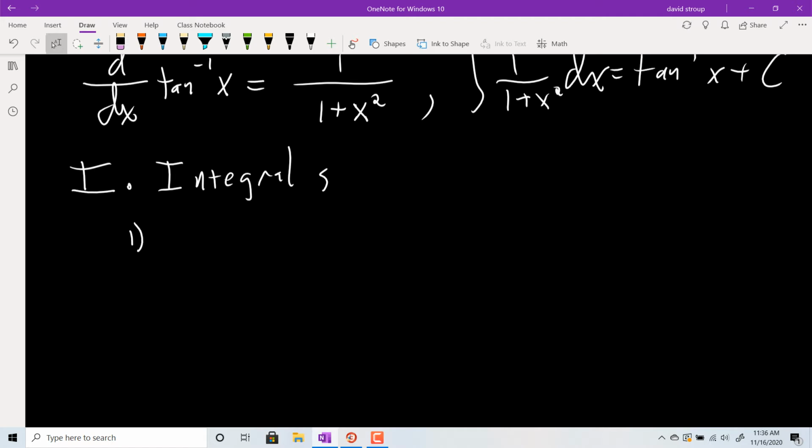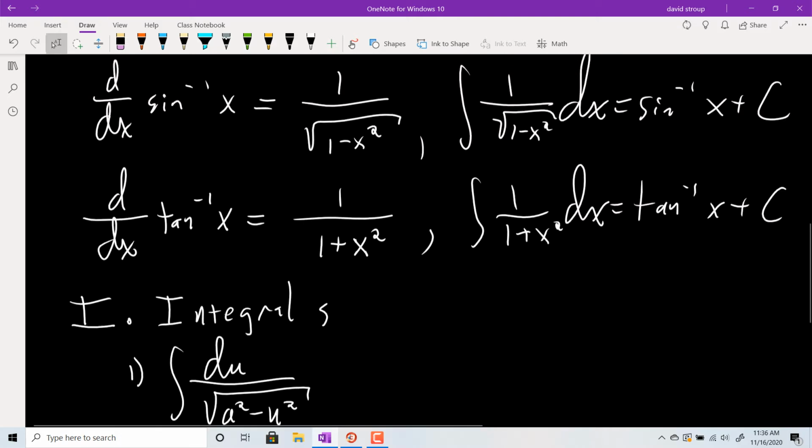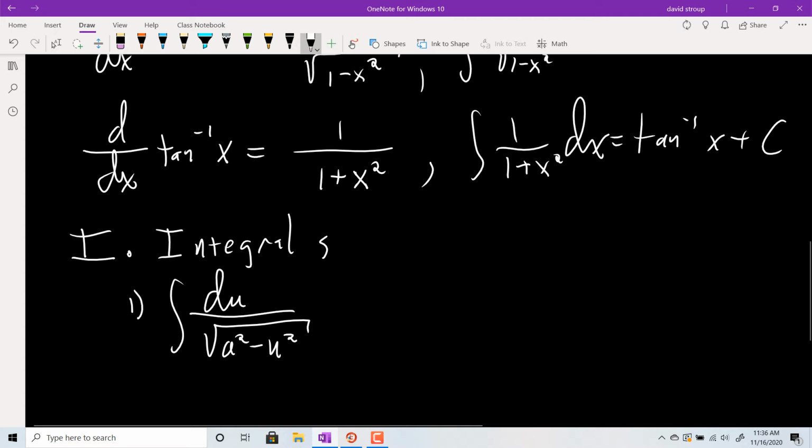So anyways, the first integral, du all over the square root of a squared minus u squared, which is going to be the sine version. It's just instead of 1, we have a general a squared in there. That will be your arc sine, or sine inverse, whichever way you want to write it, of u all over a plus c.